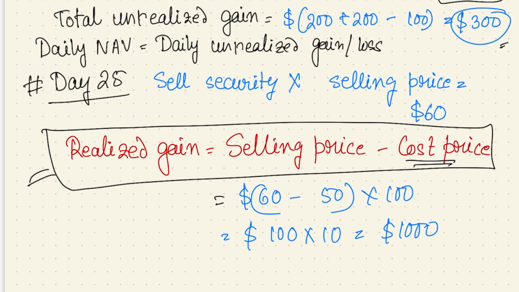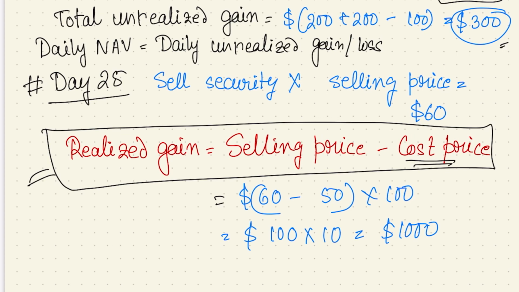So on a day when I am actually selling my holding, it might seem that the total realized gain and loss is quite high, let's say 10%, and it is impacting my NAV. But always stop and check whether this is the total impact you are taking. Because if you take the total impact, you are overestimating your NAV, because you have already taken the prior days in the unrealized gain and loss.